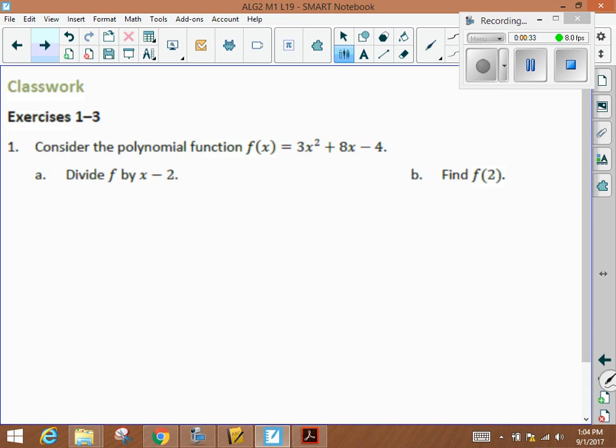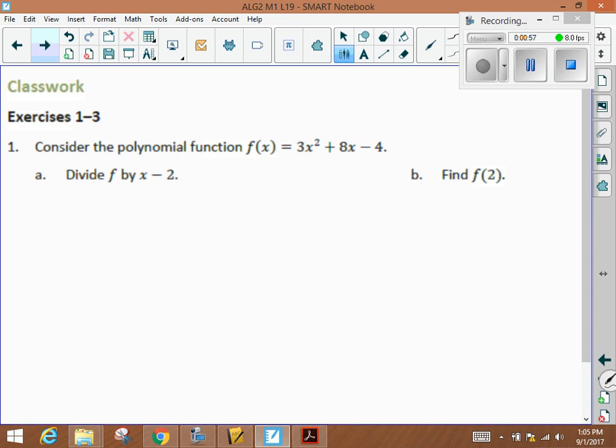Let's go ahead and do A. Let's divide f by x minus 2. And remember, we're talking about some function notation. When we say f, we're talking about the expression 3x squared plus 8x minus 4.